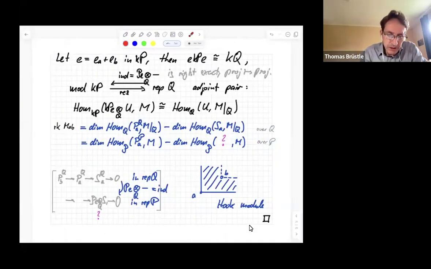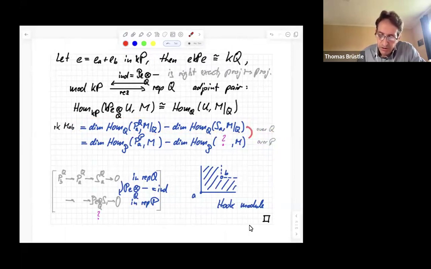Remember, our rank invariant was the dimension of homomorphism spaces over Q: Hom from the projective into the restriction, and Hom from the simple module in A to the restriction.